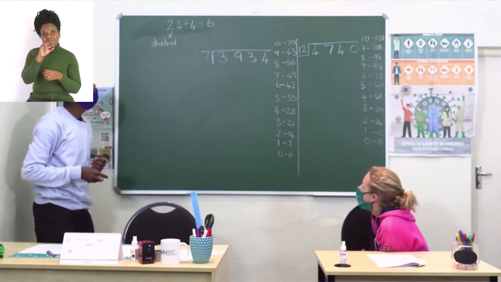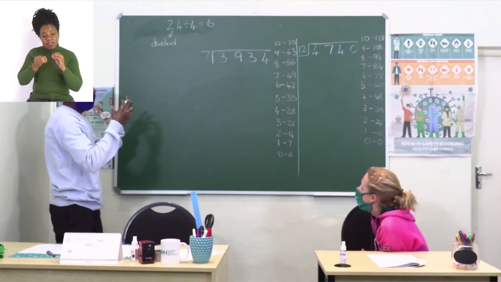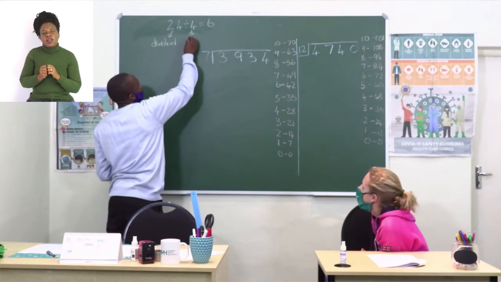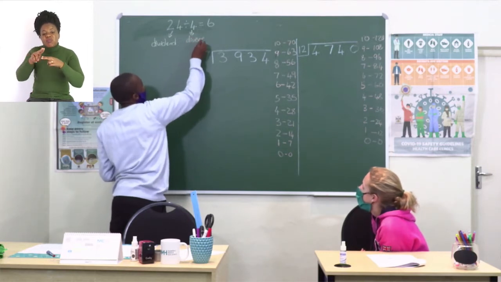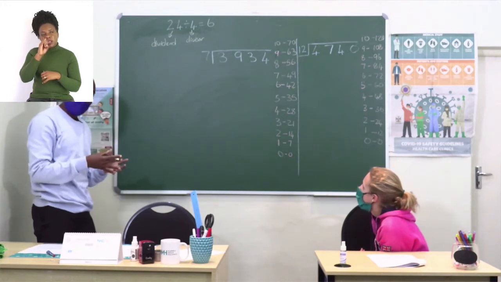Can you see that? Because this is the number that you are dividing. While 4, on the other hand, is called your divisor, because that is the number that you are using to divide.